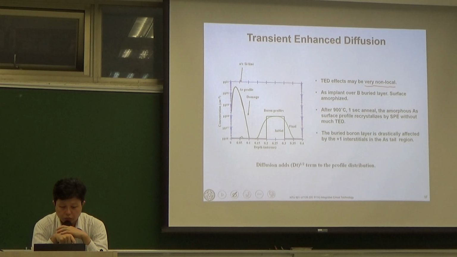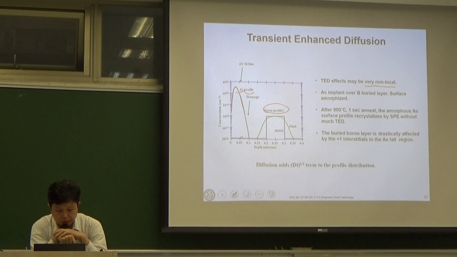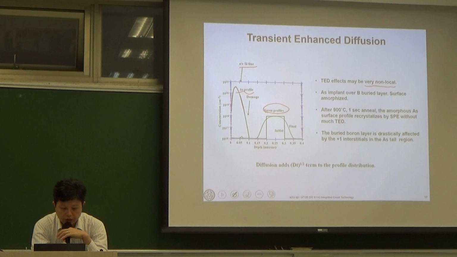is very non-local. Okay, so this is a profile where we have a boron profile. It's a buried layer underneath your surface. And when we do the arsenic implantation, we create the amorphous and crystalline layers here, and this is the arsenic profile.